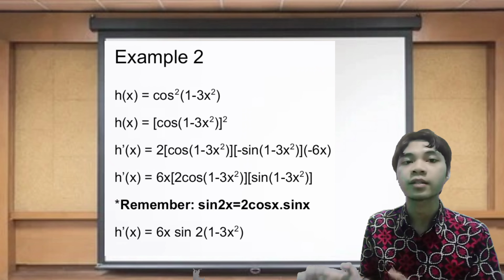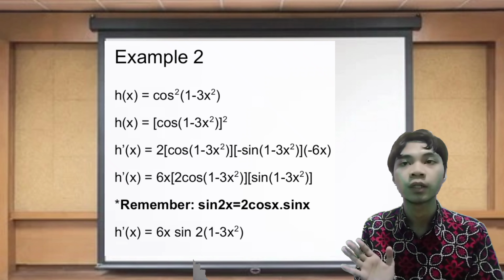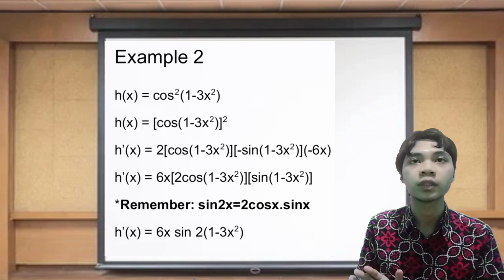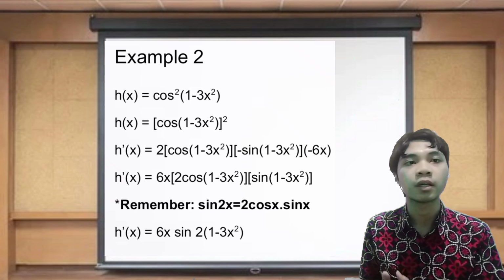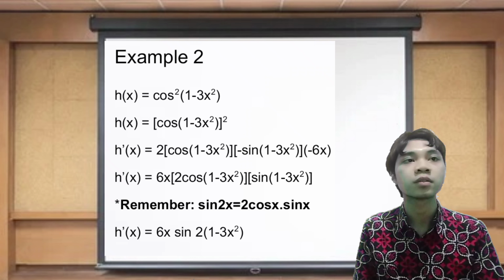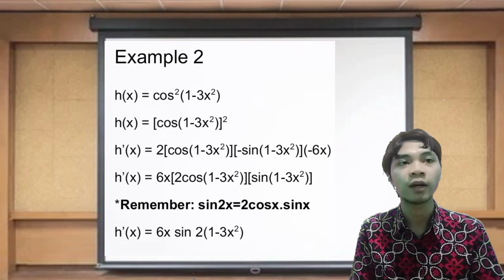This is an example of a problem about the rule for trigonometric functions in derivatives. In this case we have cos(1 minus 3x squared) squared.